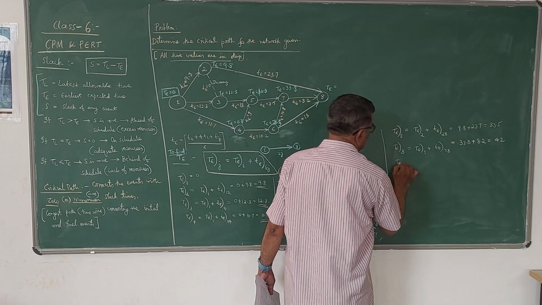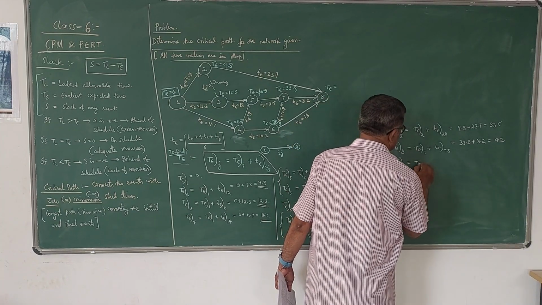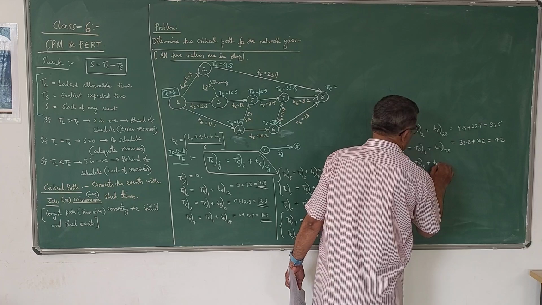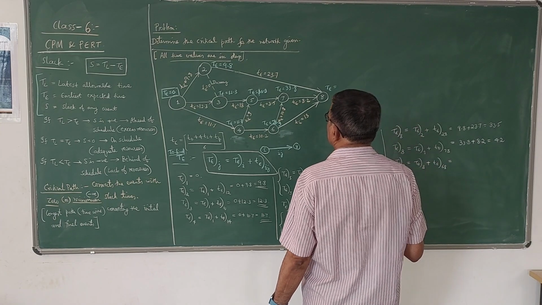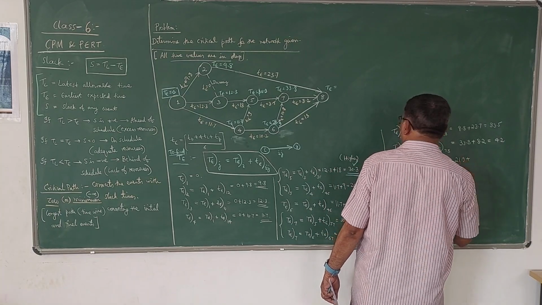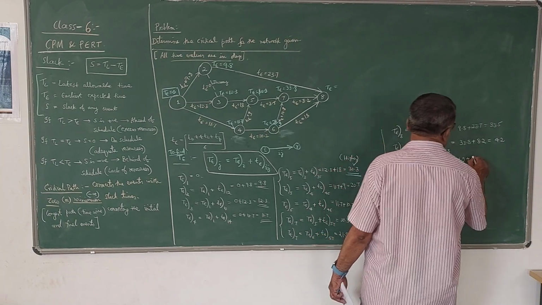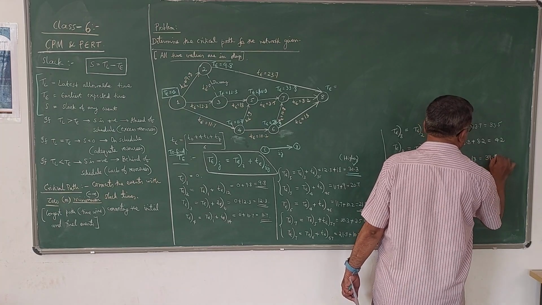Next, T8 can be obtained from 6 also. T6 plus small t68. So T6 is 21.9 plus small t68 is 18. So it comes out to be 39.9.